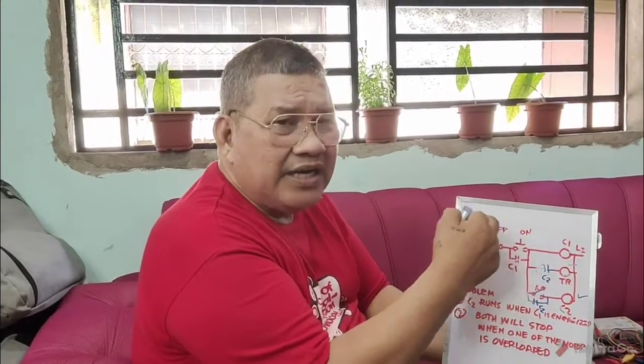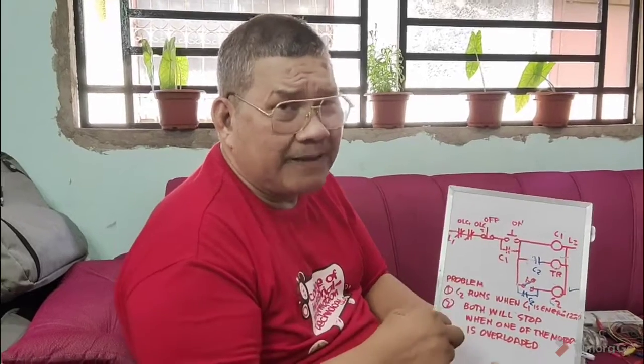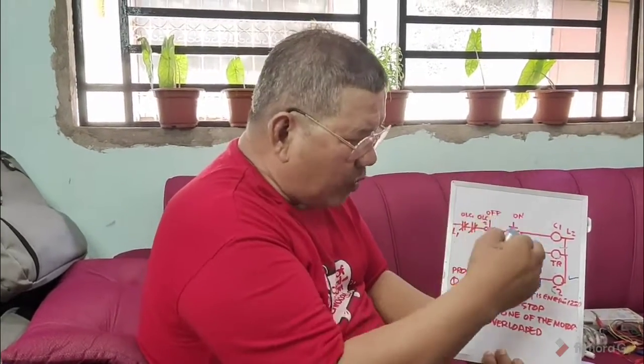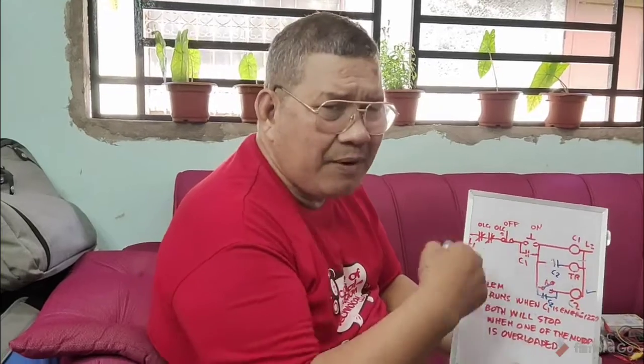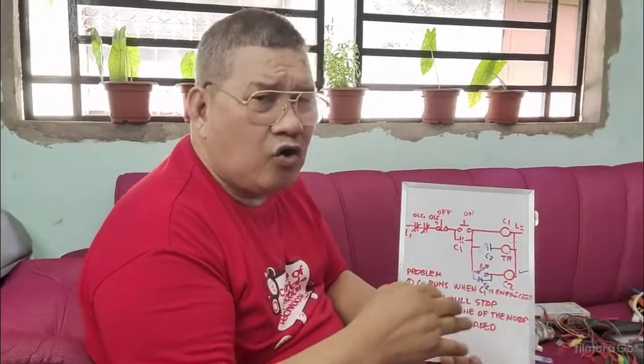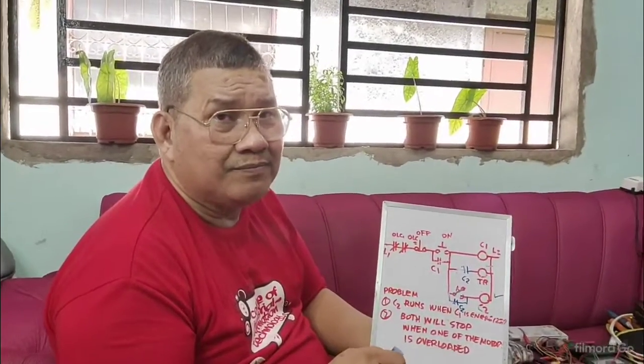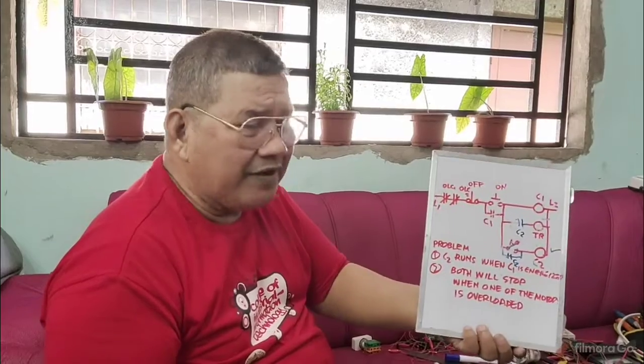You will be using the same power circuit. If your prime mover is 3-phase, then you can still use a single phase. The same power circuit, the same control circuit. Either a 3-phase or single-phase motor can serve as the prime mover of your conveyor. I hope it is very clear.